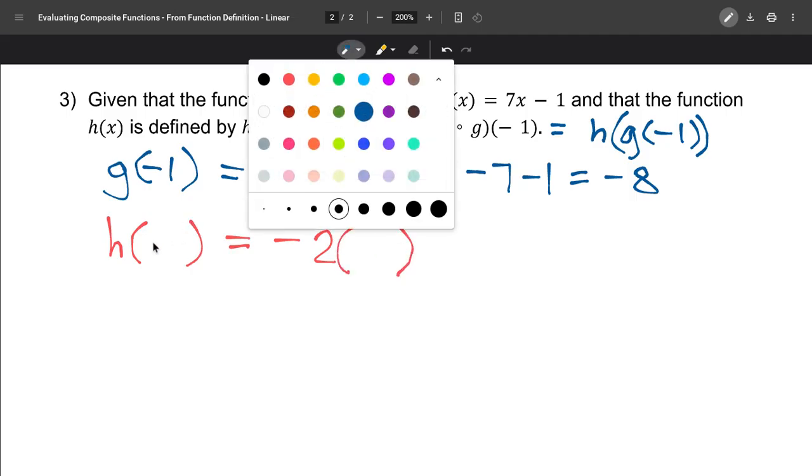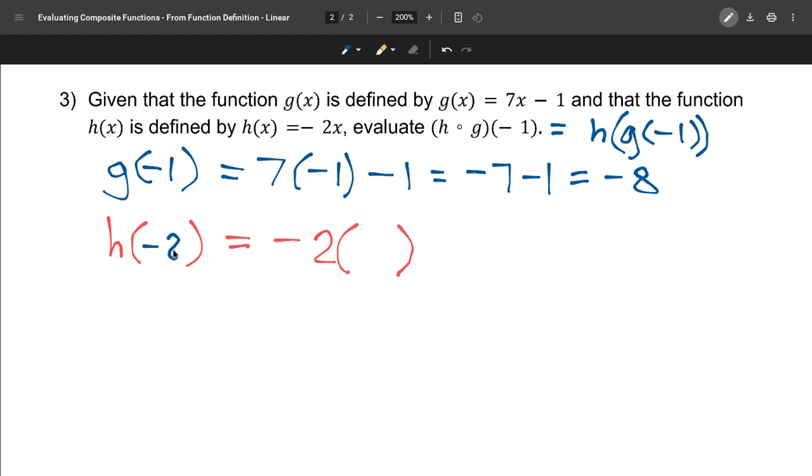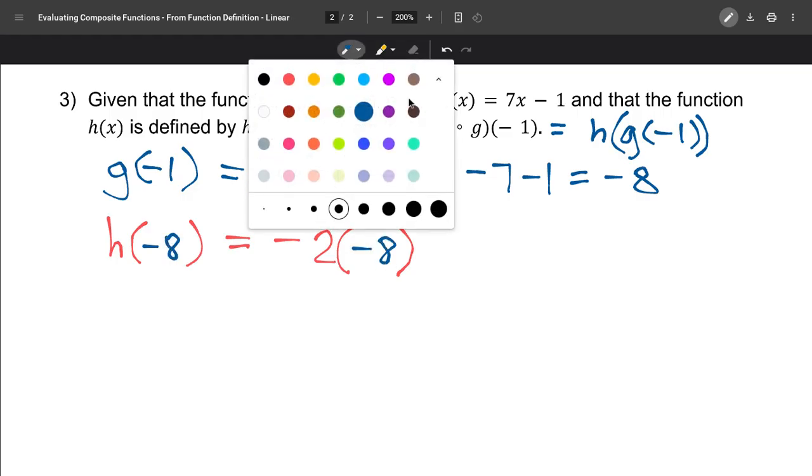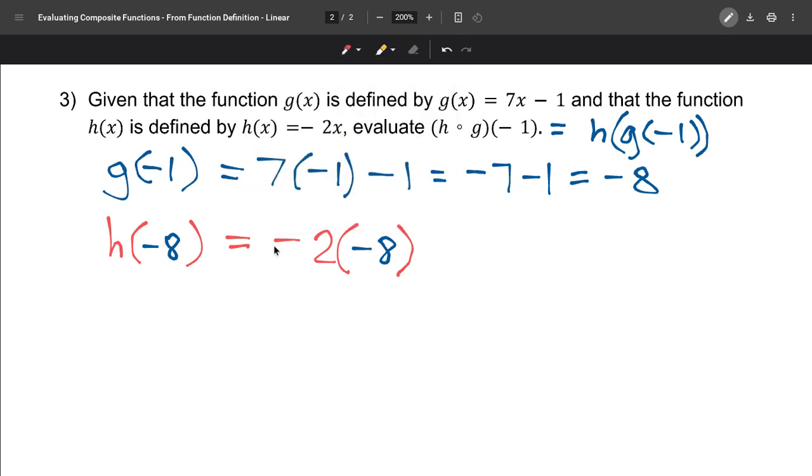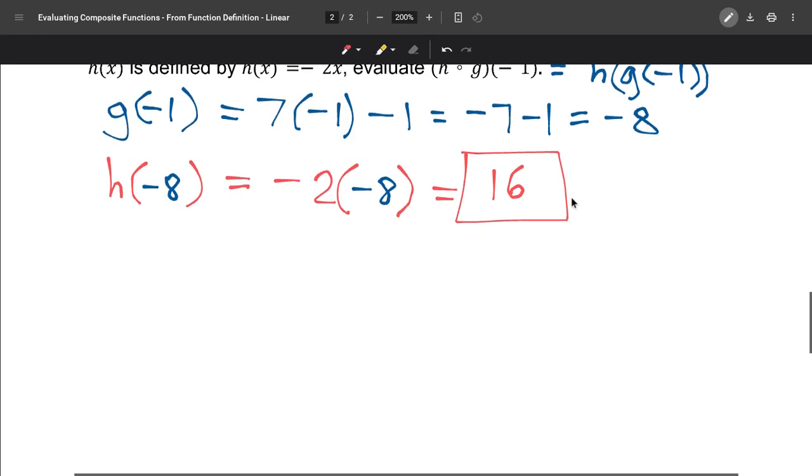So I'm going to fill in my g of negative 1 value, which is negative 8. Okay, and this is going to equal negative 2 times negative 8, which is positive 16. For my solution for this one. All right, let's try one more.